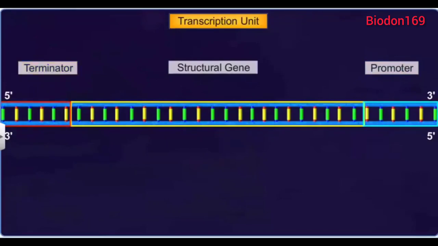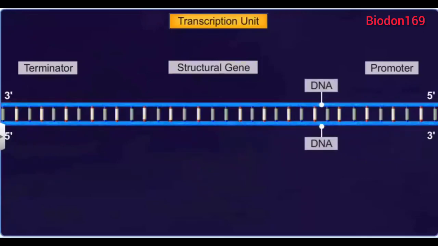The next part of the transcription unit is the structural gene, which consists of two DNA strands having opposite polarity.